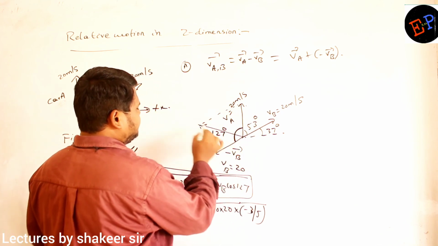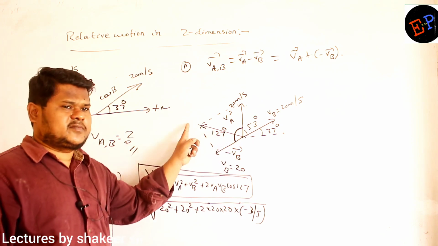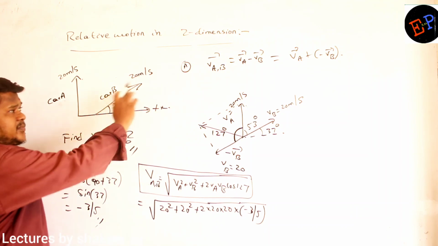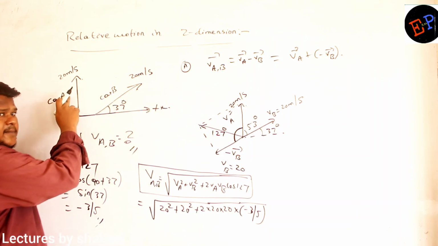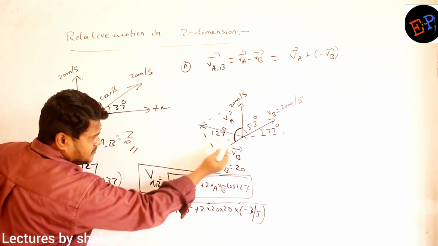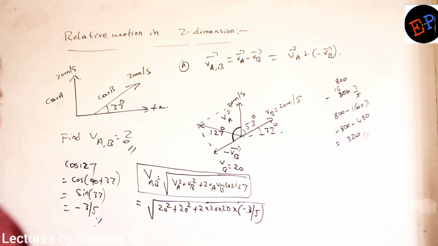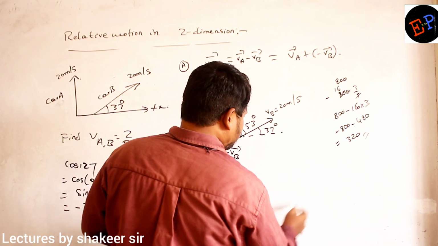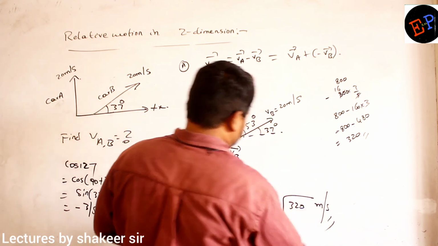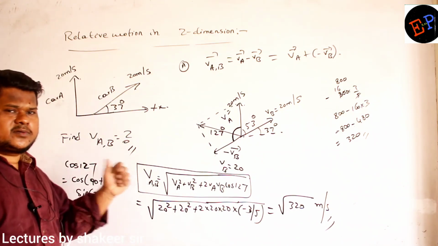This is the direction of relative velocity of A with respect to B. Let's do this calculation. How much answer did we get? Root 320 meters per second. So that is the relative velocity of car A with respect to car B.